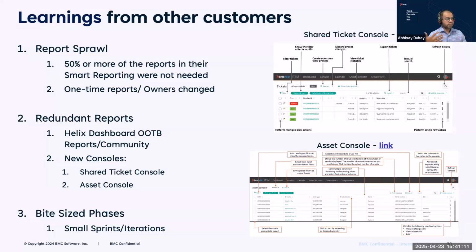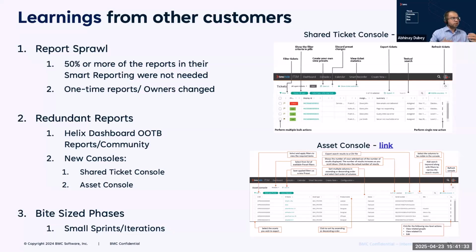So what ends up happening is everybody is creating their own reports, and a lot of these reports are not being used. They're just lying in there. It could be a one-time report, or sometimes somebody just made a copy of a report they wanted to modify, but then they didn't.